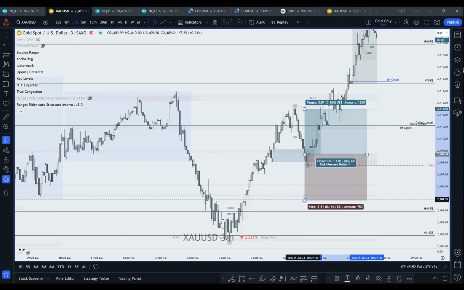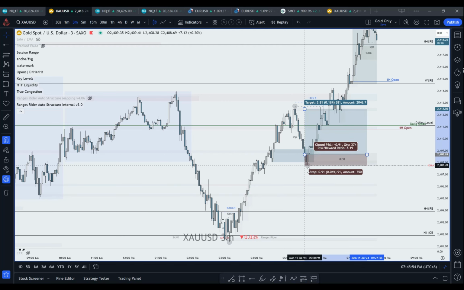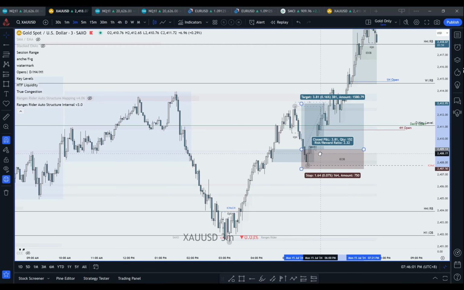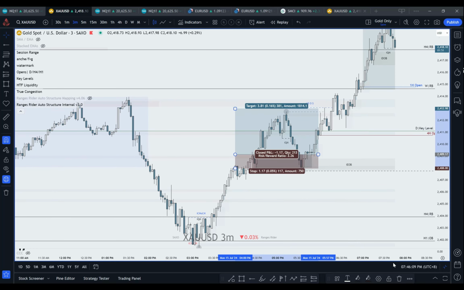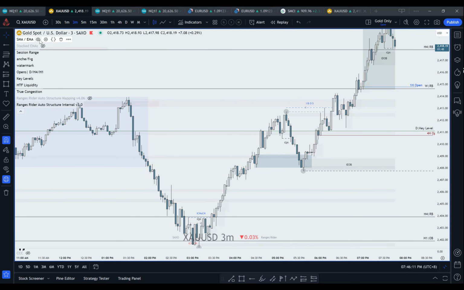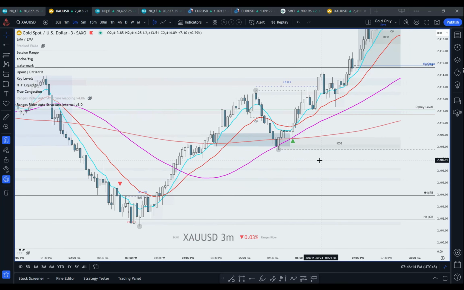At the 50%. And if someone was asking me why I didn't put my stop loss here, or why I entered here and not into this area, I'll explain why. Look here, I use the moving averages as well.